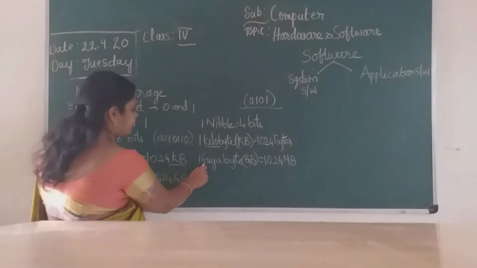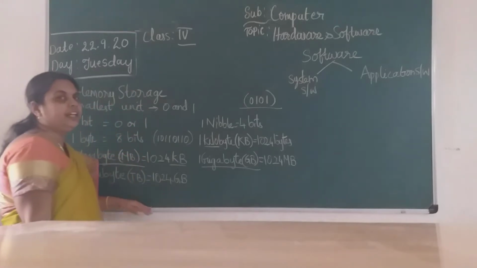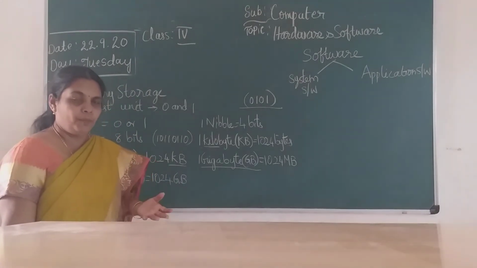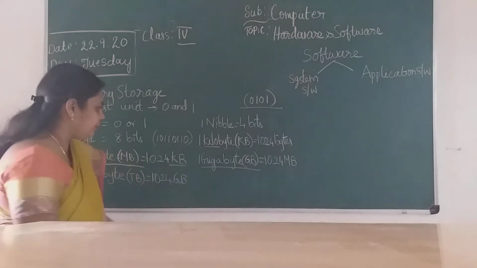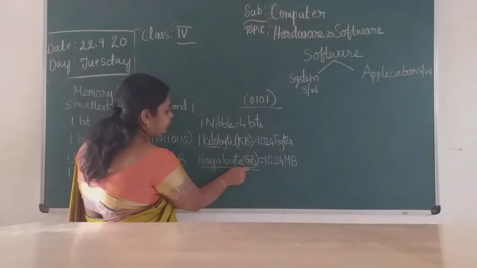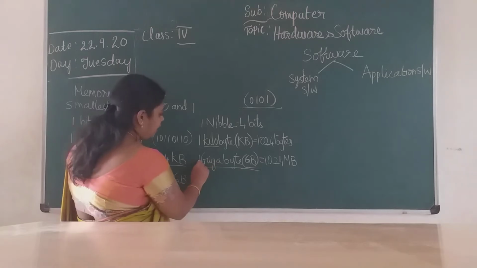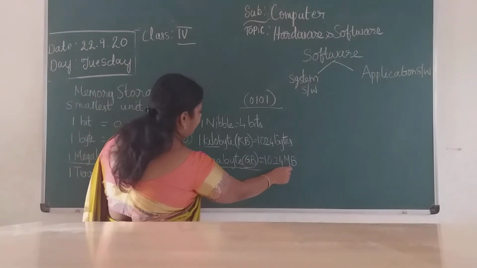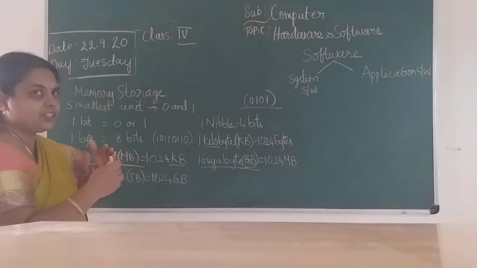Then again next you have the GB. So here nowadays you use how much GB in your mobile phone or in your computer. Okay. How much RAM GB you have, like that only we ask the question. So 1 gigabyte is equal to 1024 MB. So it comes in the order, children.